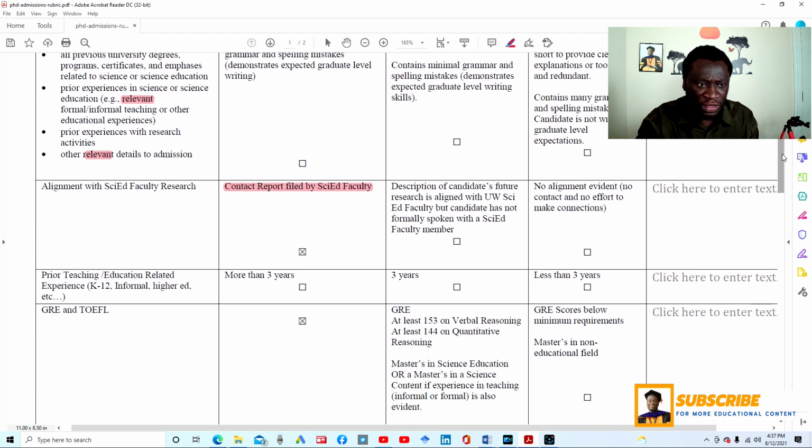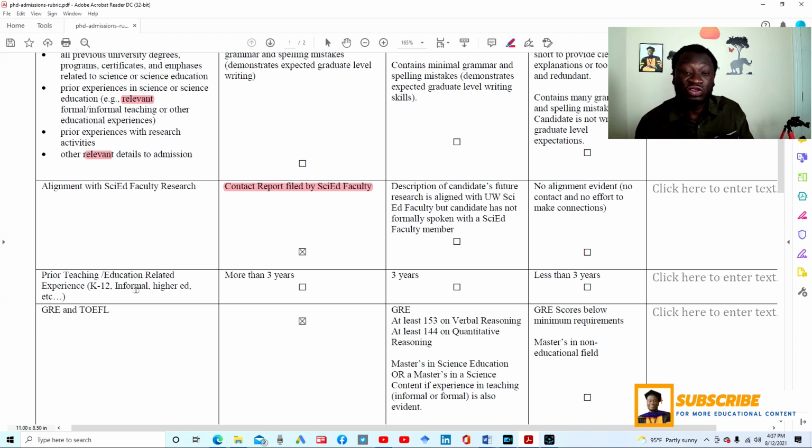Now let's move on. So prior teaching or education related experience. I always say that when you go to the department's website, you should understand how this department funds their students. What are the activities? Do they do more of research or teaching?